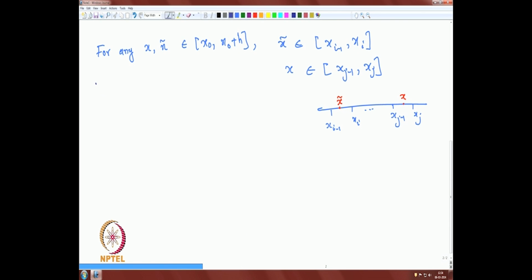So, consider the difference y of x minus y of x tilde.